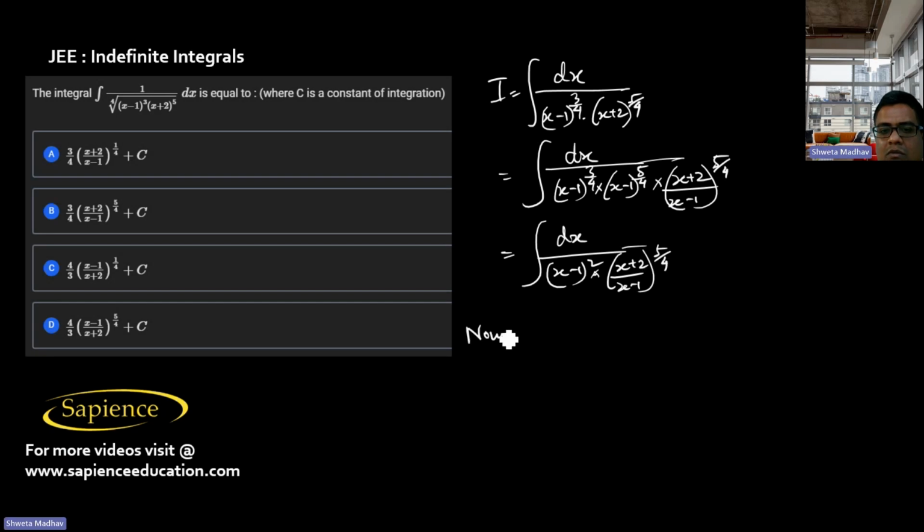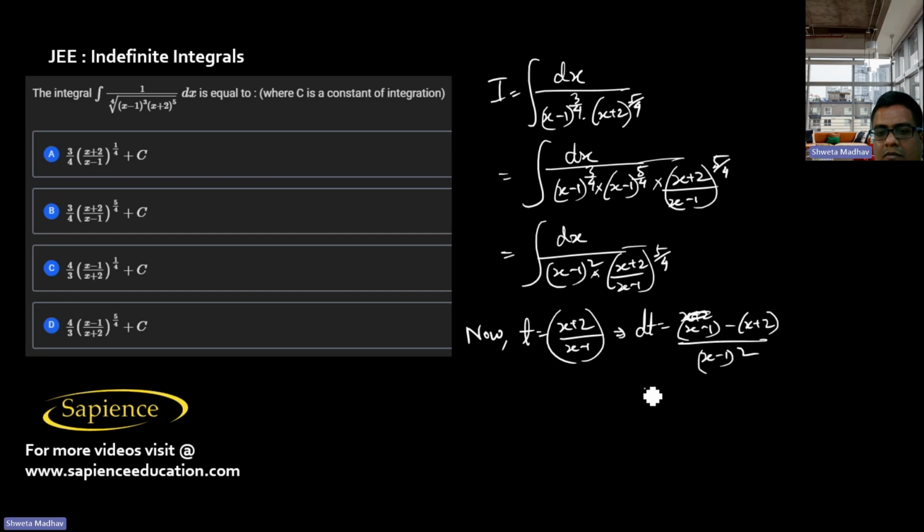Now we can take t as x plus 2 by x minus 1. Then obviously dt will be equal to x minus 1 minus of x plus 2 by x minus 1 whole square into dx. So this will be minus 3 by x minus 1 whole square into dx.